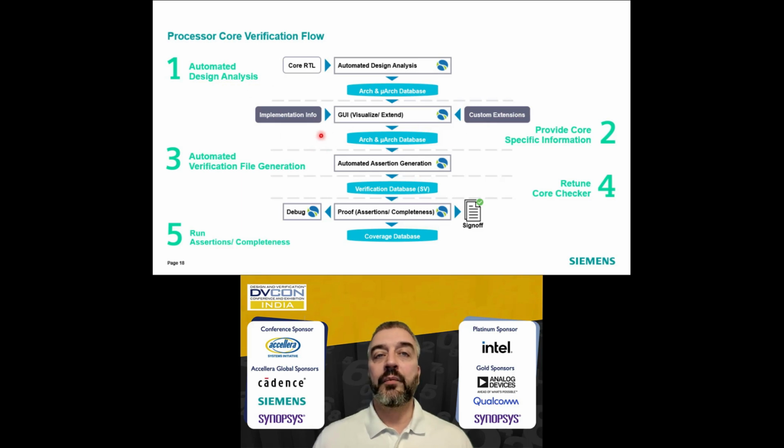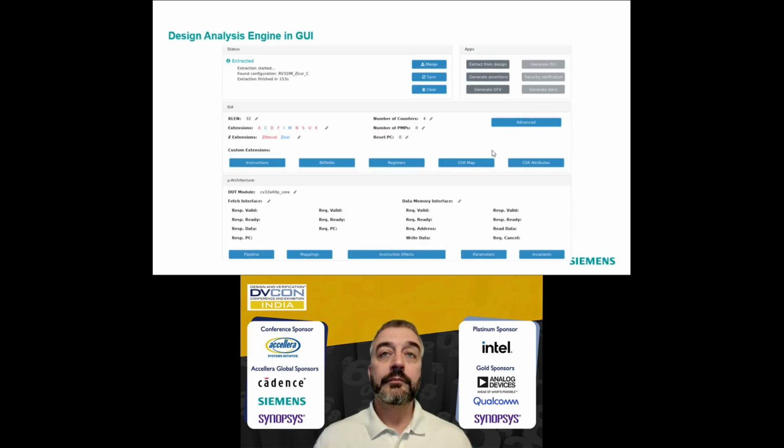You then end up with a full database that contains everything pertaining to the ISA of your core and to the verification of your core, which is then used to generate the assertions. At this point, you have a database of assertions which you then run through the formal tooling to either get your full proofs out of it or your failing assertions and the debug cycles, and of course the integration with the coverage database.